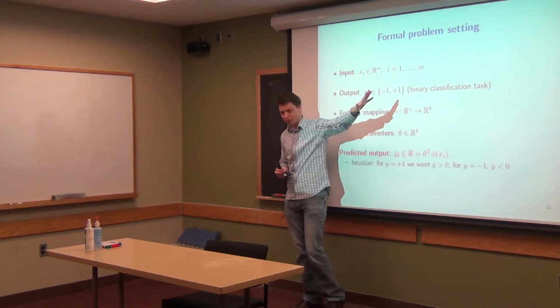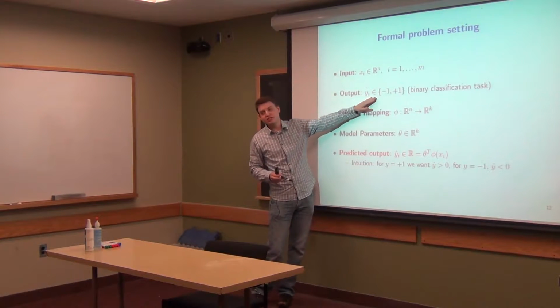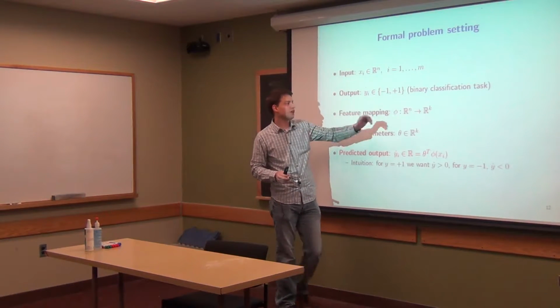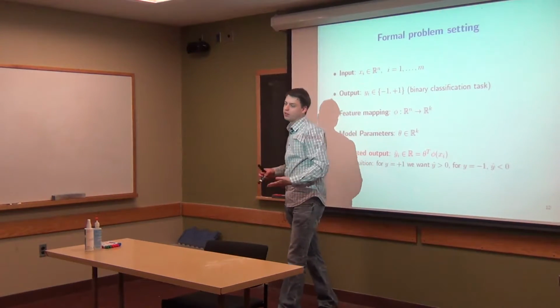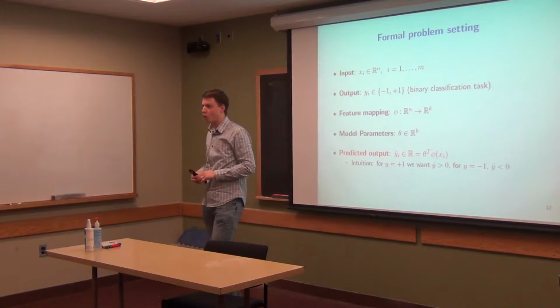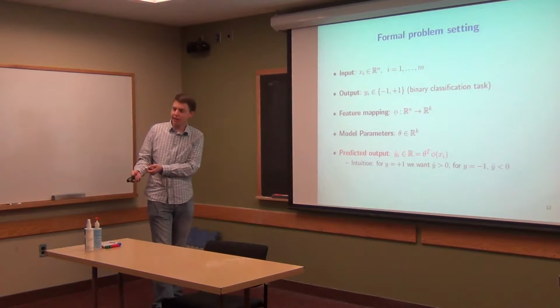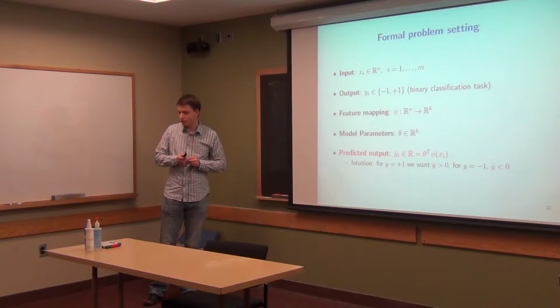It's exactly the same as before. Our output, the big difference now, is our output, rather than being real valued, for at least this binary classification task. And we'll talk about binary classification for this lecture. One of the homework assignments for the course is going to be about multi-class classification, but binary is sort of the simpler case, and the extensions are really pretty straightforward too, it turns out.